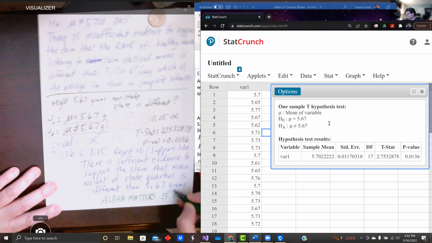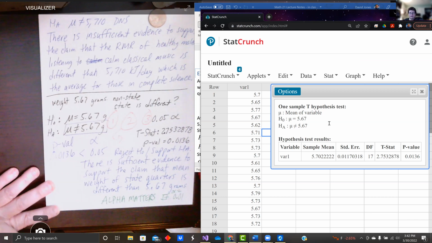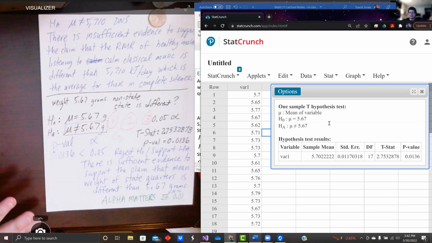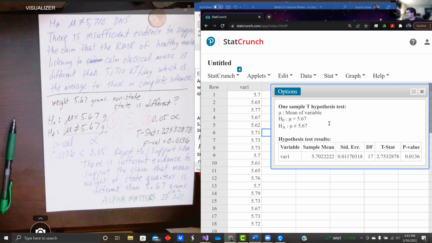So if alpha equaled 0.01, the p-value would then be greater than alpha, and we wouldn't have enough evidence. So it does have some bearing.